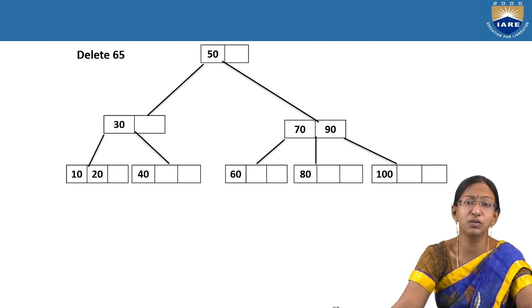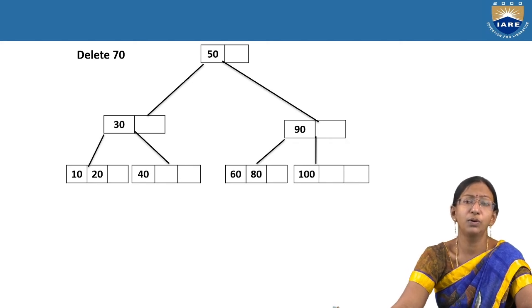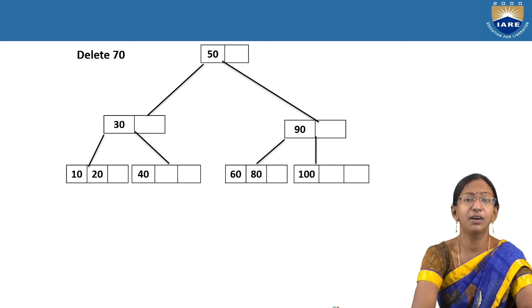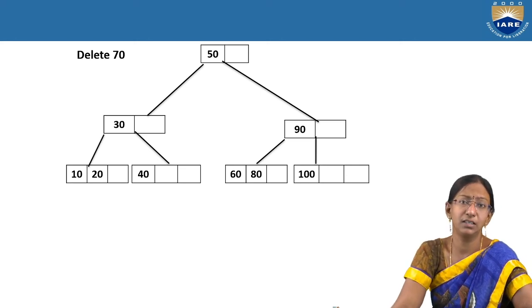If 60 is sent to the top, it will lose the left element. If 80 is sent to the top, it is going to lose its right element. So to overcome that, we merge 60 and 80 so that all the left elements of 90 are lesser than 90 and right elements are greater than 90.